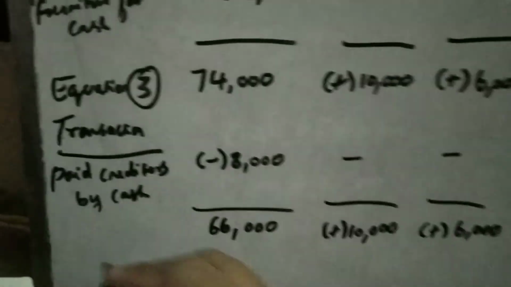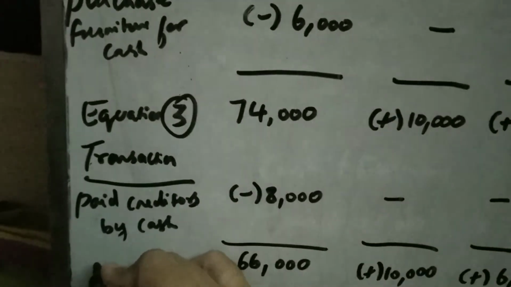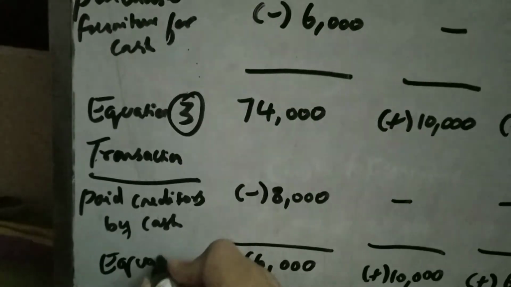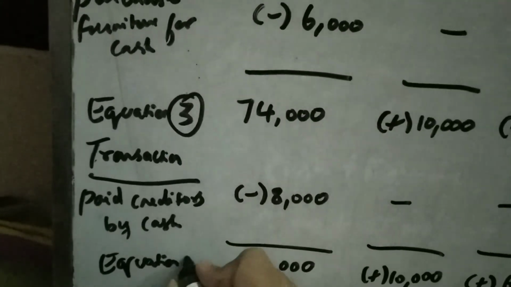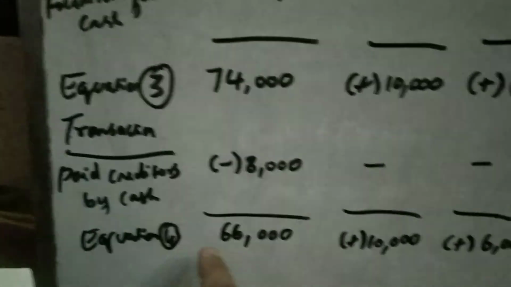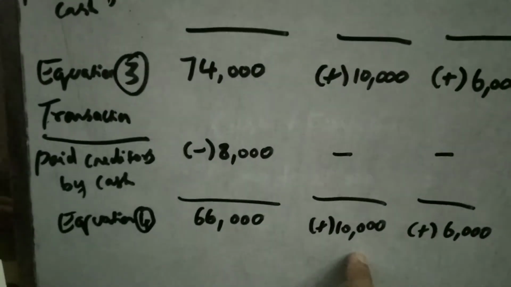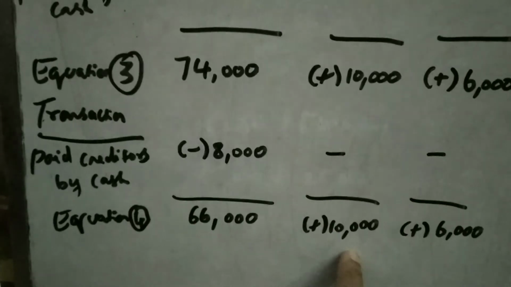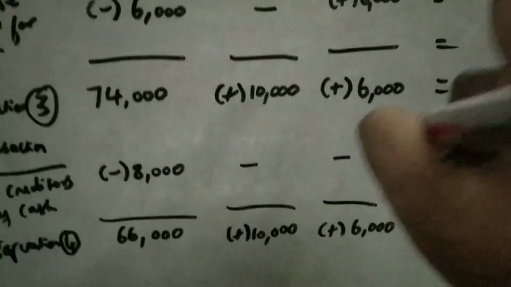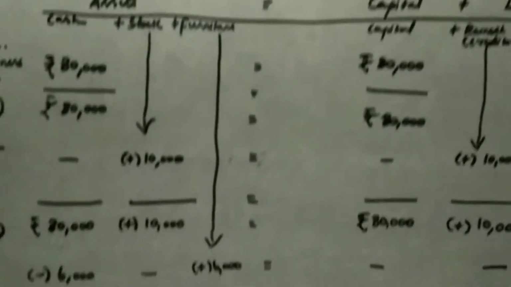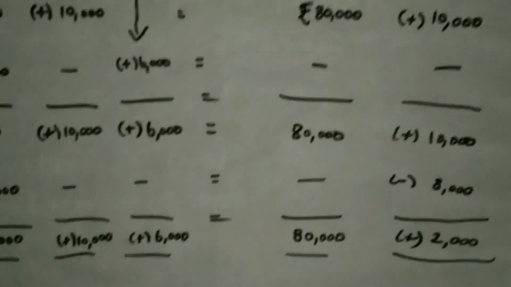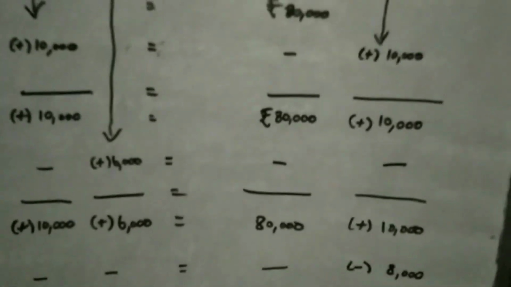At the end of the last transaction, you have equation 4.